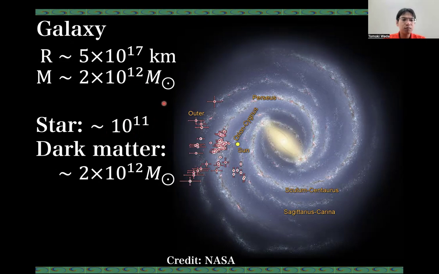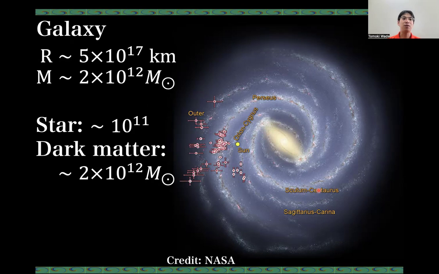And many parts of our galaxy are dark matter, and we cannot observe these objects directly using electromagnetic waves. So we see this very beautiful structure here, but this is only a small portion of total galaxy mass.